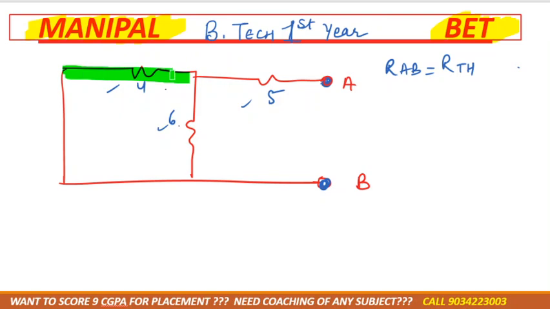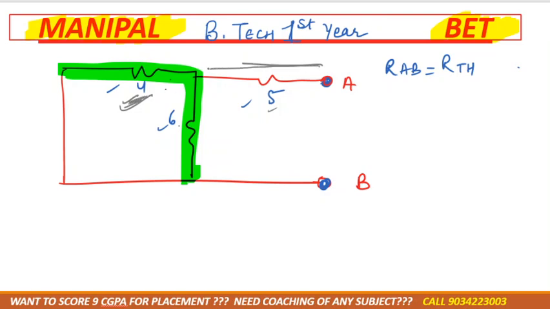As you can see, 4 and 6, are they on the same path or on different paths? Different paths. You will move from A, but you will start with the friend who is very far away from you. So 4 ohm is far away and 5 is near, so you'll start with the 4 ohm. And if you are moving from A, 5 ohm house and 6 ohm house, do they come on the same path or on different paths?